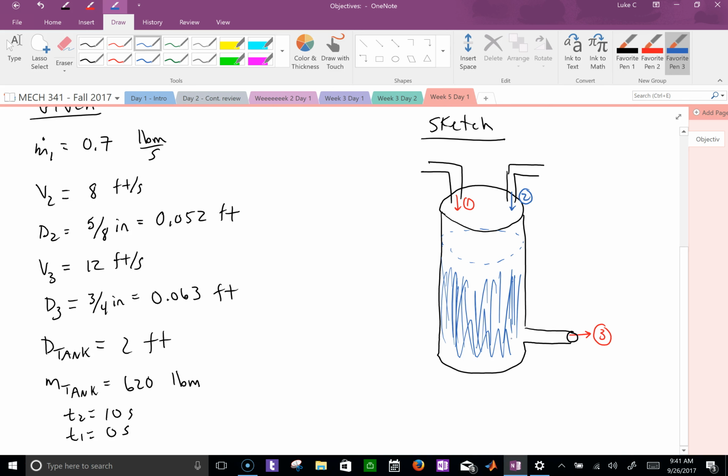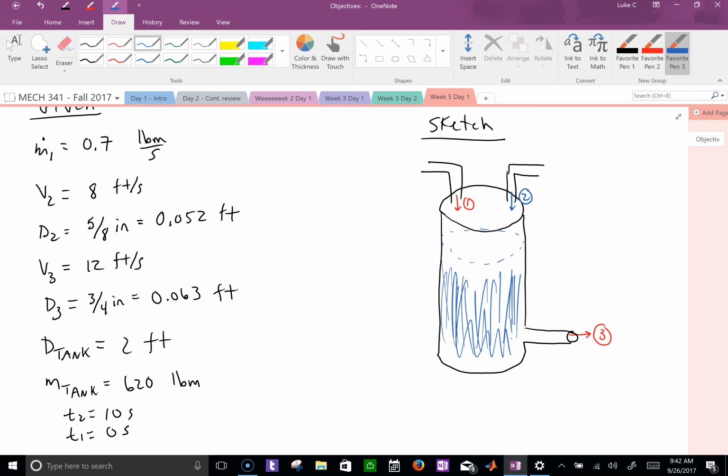S for seconds. Yep. The red and blue represent hot water, or it's just different?